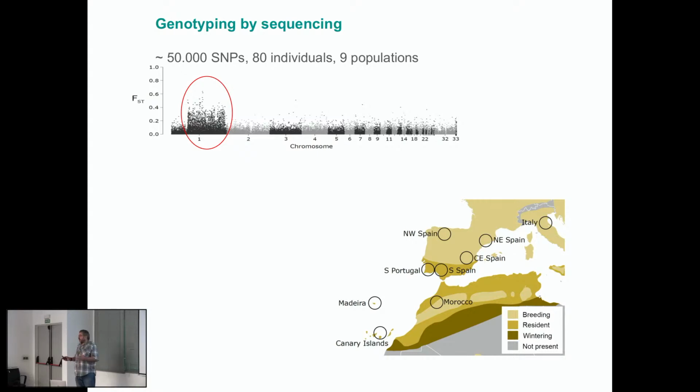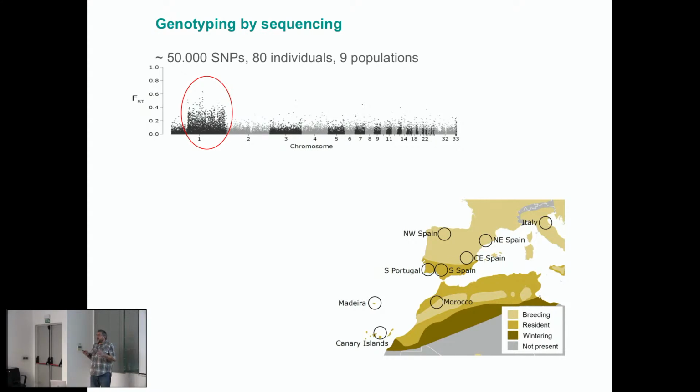We had no idea what this was, and because of our experience, our first interpretation was that we made a mistake and there was some sort of contamination, but we could not figure out what kind of problem that was. So, well, we kept searching, and let's try to find out what is going on in this area. So we selected the 8,000 genetic markers that were found in this region of chromosome 1, 8,000 SNPs.